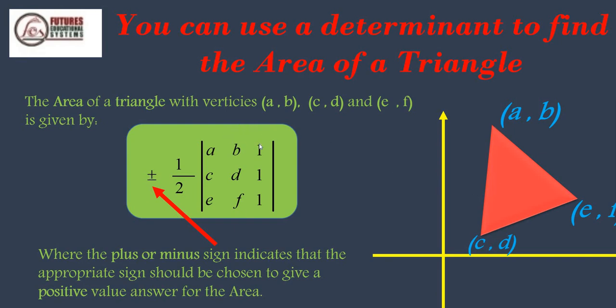I want to get the area of the triangle by using the determinant by this rule: half, the first projection A, C, E, and the second projection B, D, F, and put 1, 1, 1.